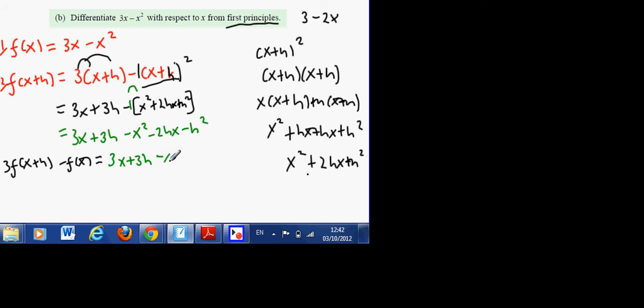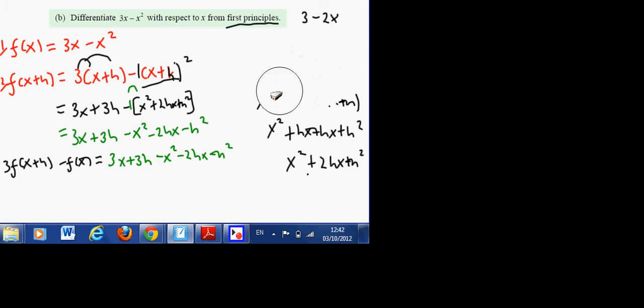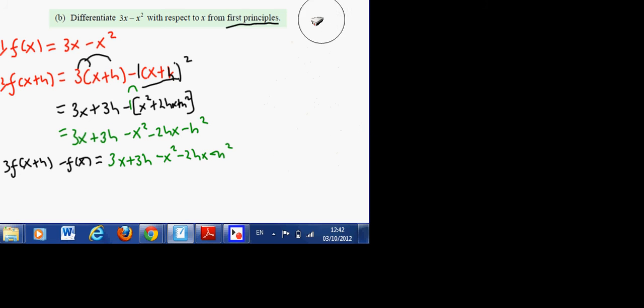And now what you have to do after this is you've got to take away step 1. So what's step 1, lads? 3x minus x squared. Where's the mistake going to be made? In the minus part, okay? So minus brackets. Make sure you put brackets around the f of x, okay? Minus 3x minus x squared.